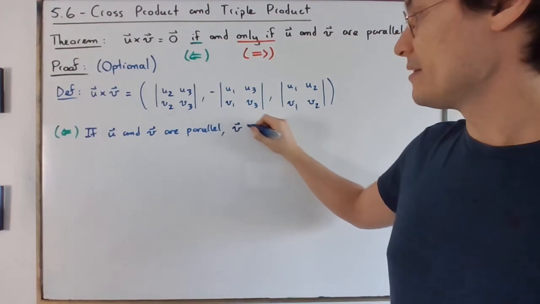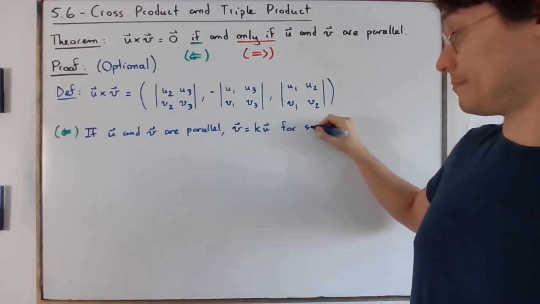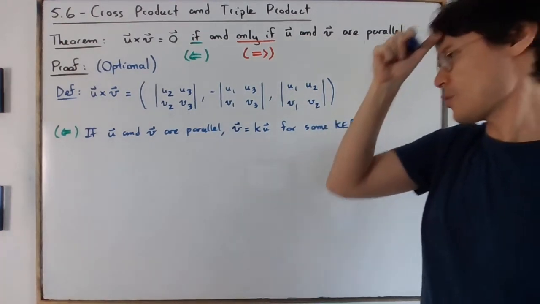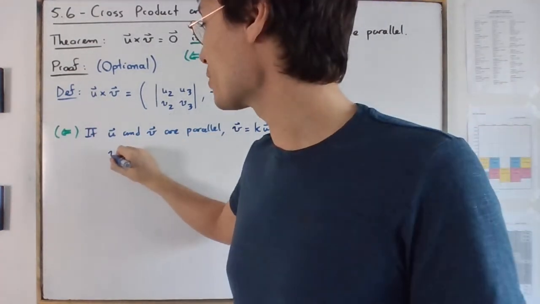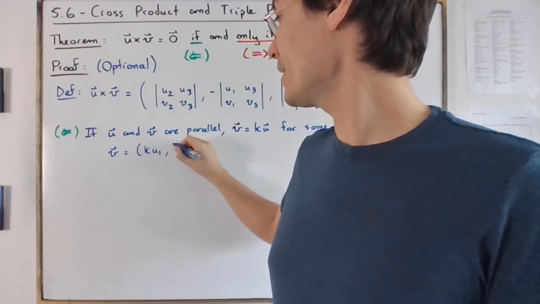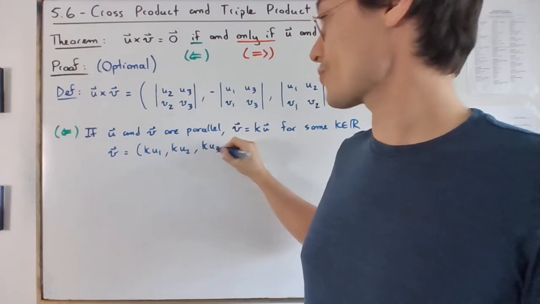So v is equal to k times u for some constant k, a real number. And we can write v in terms of u quite easily: v will be k u1, k u2, and k u3.